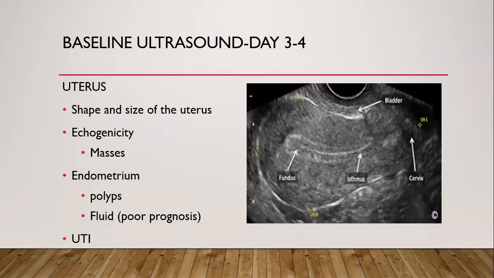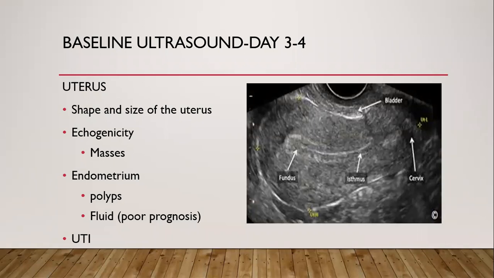So we have the baseline ultrasound, which is done between day 3 and day 4 of the menstrual cycle. Then we have the next one, which will be somewhere around day 7 to 8 of the menstrual cycle. Then we have the 14th day, where we check the ovulation. So this is the baseline ultrasound, which we do at day 3 and day 4.